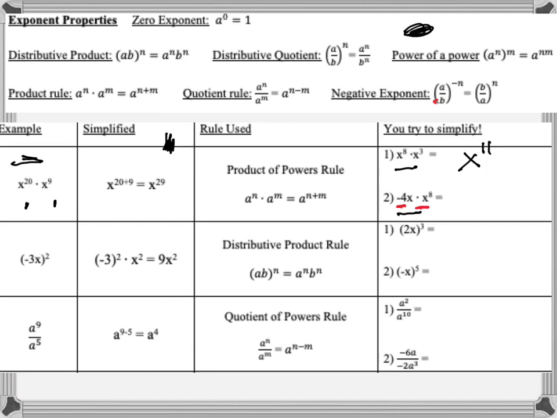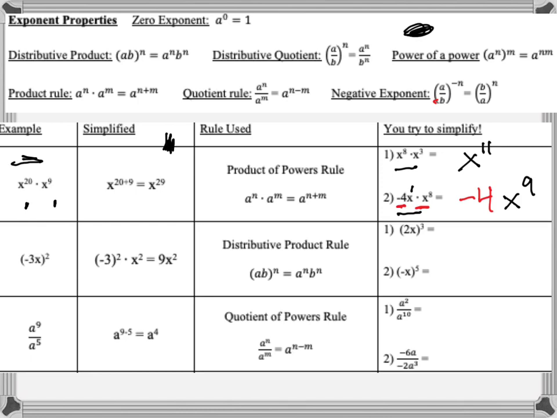So we multiply -4 times 1 is -4. And if we add together the exponents, x by itself is x to the power of 1 times x to the power of 8 gives us x to the power of 9.